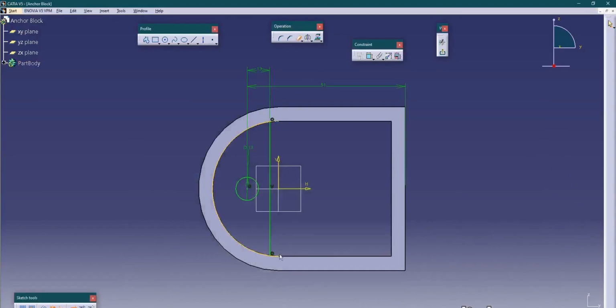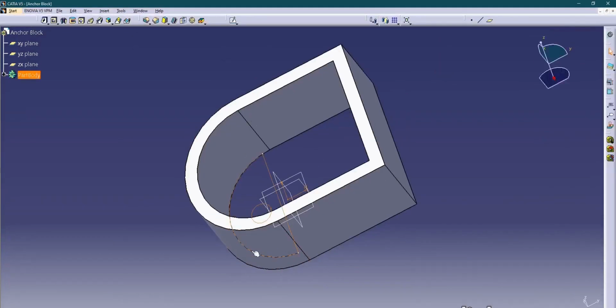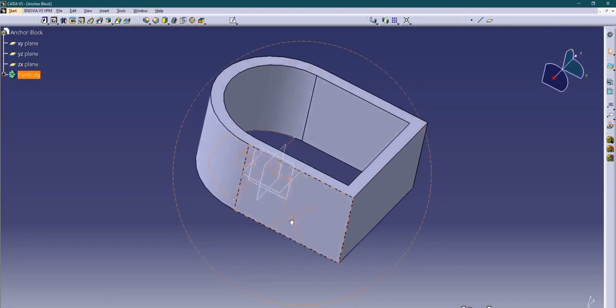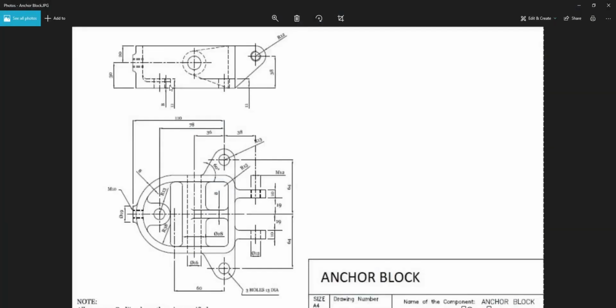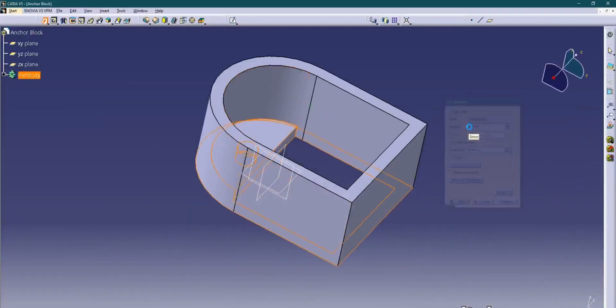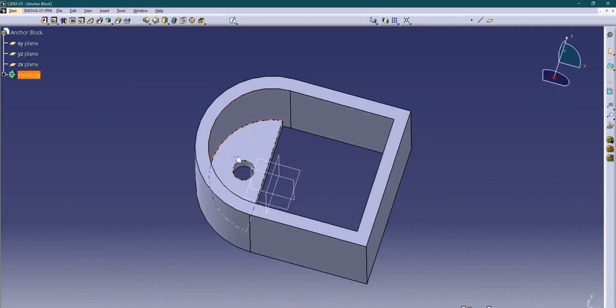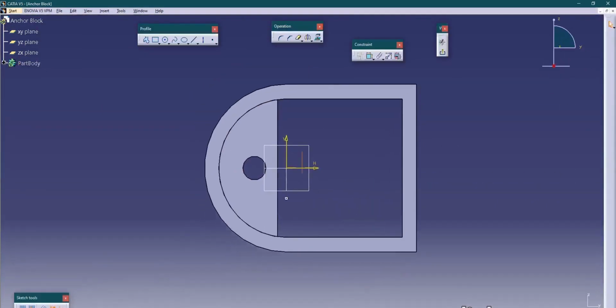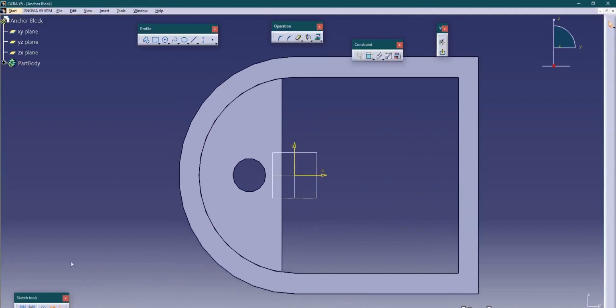Trimming the unnecessary sketch. Extruding this plate up to 8 mm. Now adding the above feature. Projecting this line in the construction mode and again deactivating the construction mode.